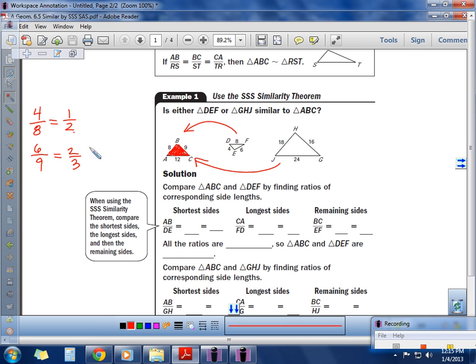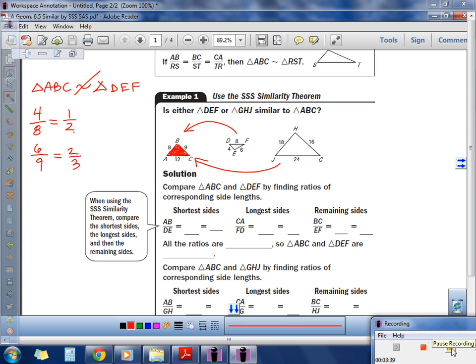Automatically, are these simplifying to the same fraction? No. And so I would say triangle ABC is not similar to triangle DEF, because these two fractions didn't simplify to be the same term.